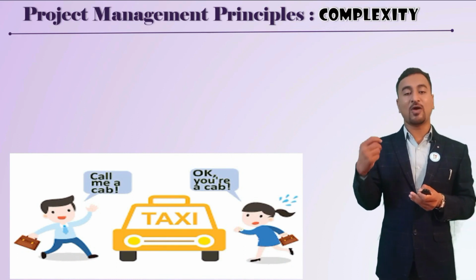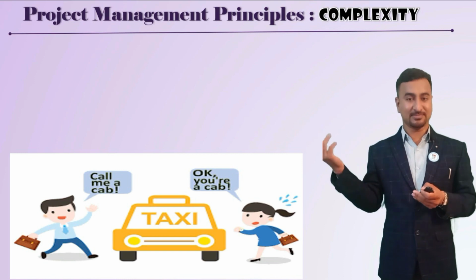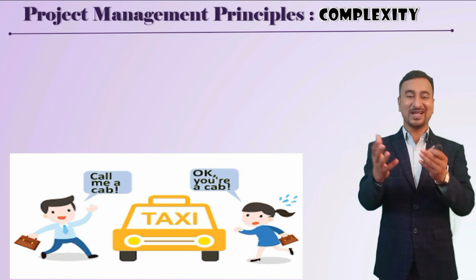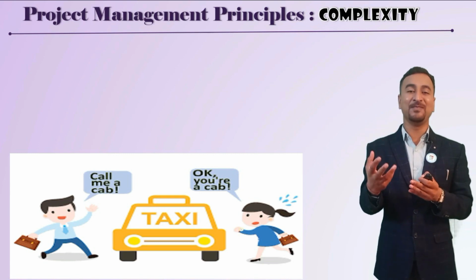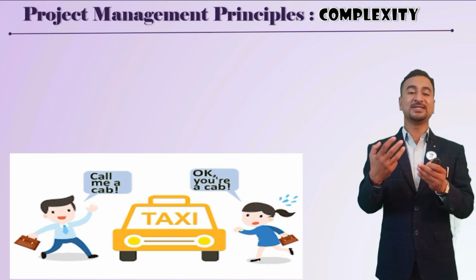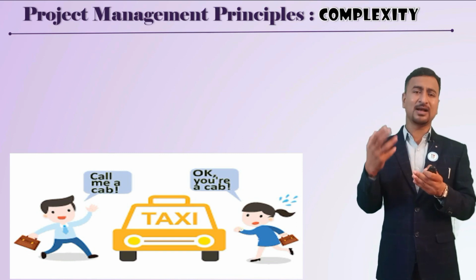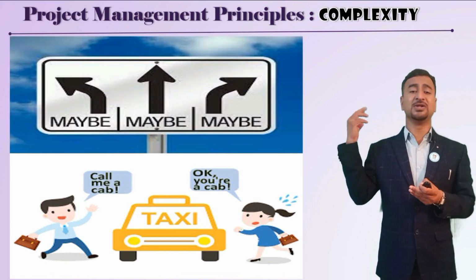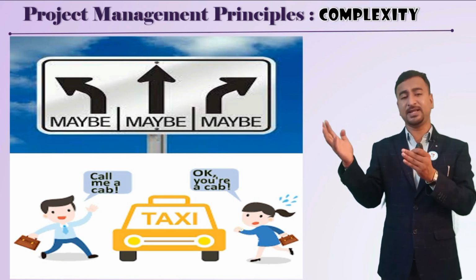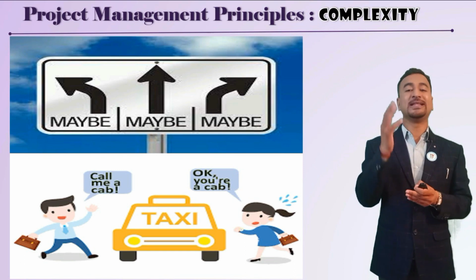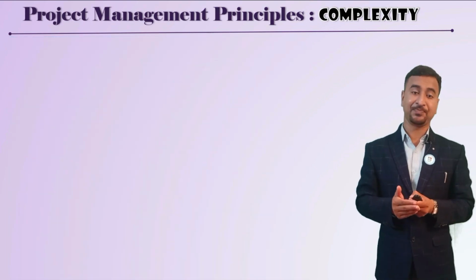Like someone calls a cab and she responds, okay, you are a cab. So it's a joke, but it is a kind of misinterpretation because people are not used to each other's behavior, and there is a cultural barrier. So there may be many directions, but you don't know which direction to go. That is related to ambiguity.